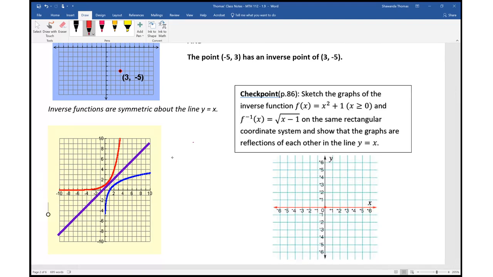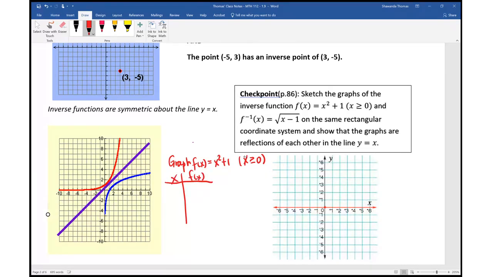Graph f of x equals x squared plus 1. But the restriction is that the x's are greater than or equal to 0. So when we draw our t-table here, since the restriction is the x being greater than or equal to 0, we're going to start with 0. And we can plug in 1 and 2 and 3, for example.